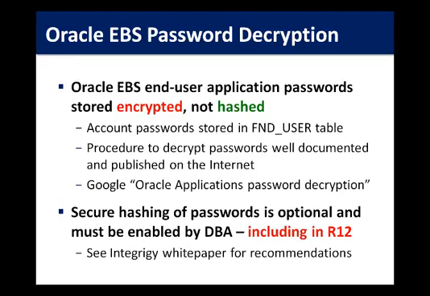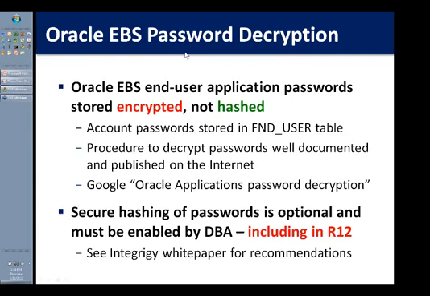So Oracle's storing the passwords in the FND user table. And there's a flaw in that you can actually very easily decrypt those passwords if you can get into the FND user table. If you just go out and Google Oracle application password decryption, you can find all this information and how to decrypt these passwords fairly easily.